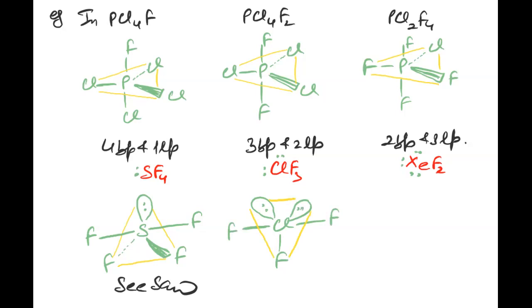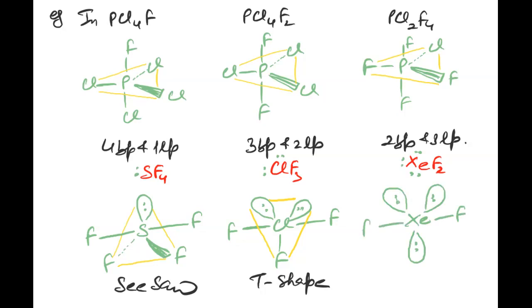So the shape of ClF3 is nothing but T shape. In the case of XeF2, it is xenon, lone pair of electrons, another lone pair, and another lone pair. It is fluorine and fluorine here, and this shape is known as linear.